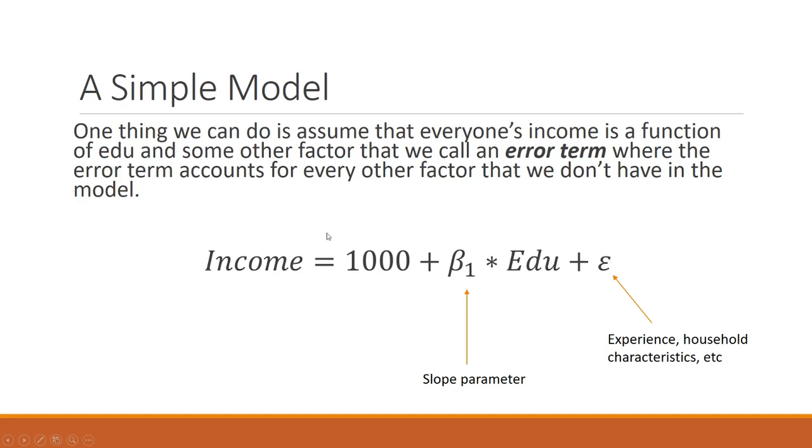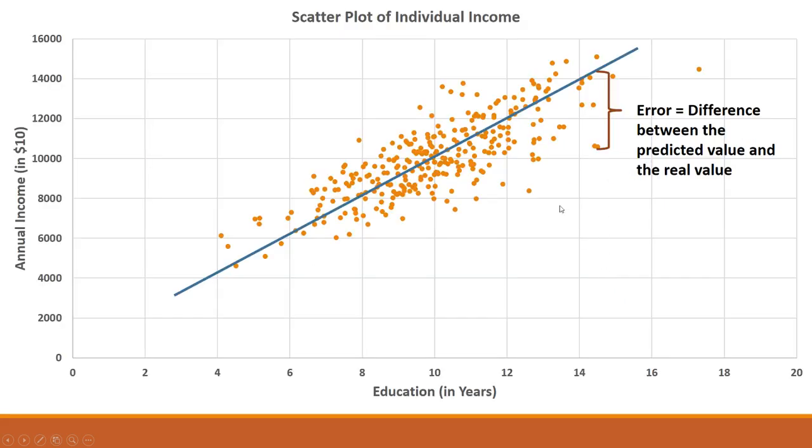So now we have a simple linear model of income as a function of education, and everything else is in the error term.